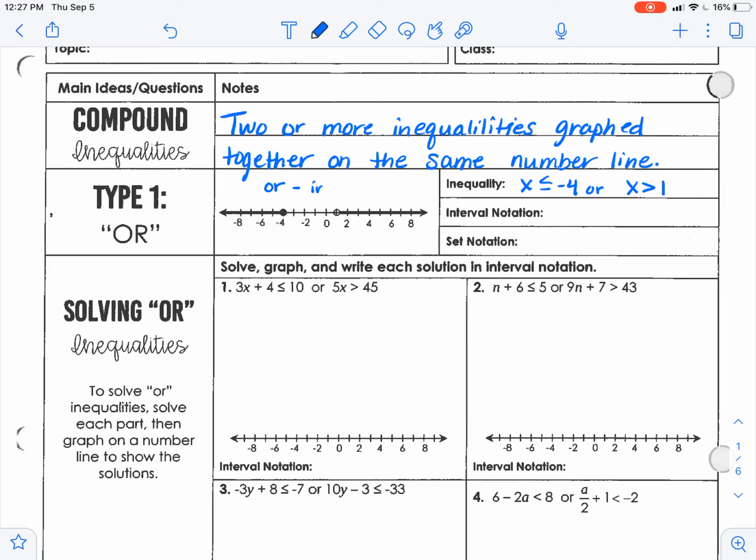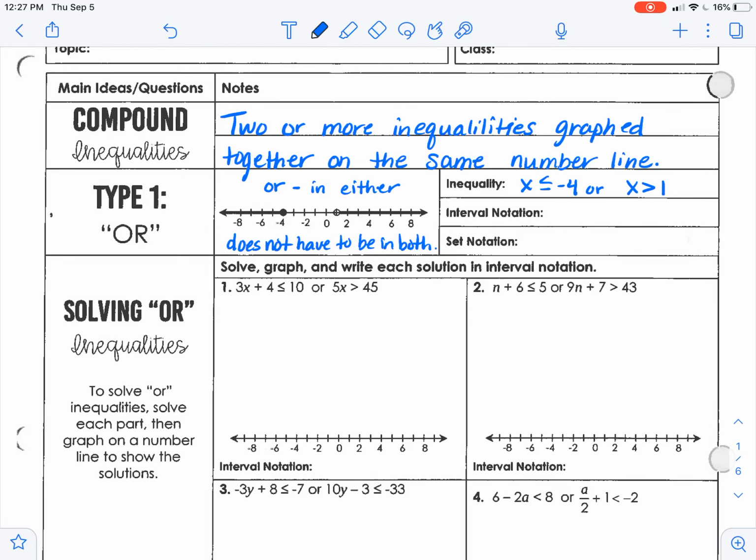Okay, so we could say it's less than -4 or it's greater than 1. It does not have to be both. Or does not have to be in both. Just one or the other.